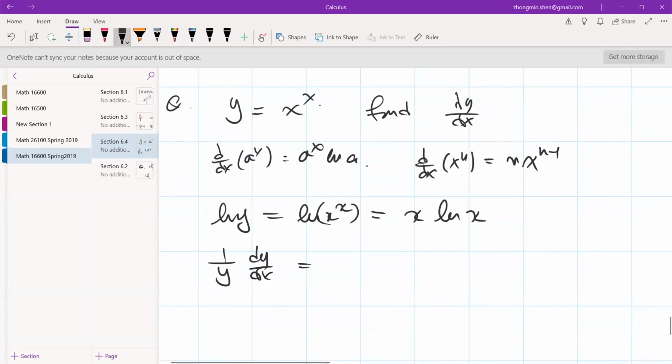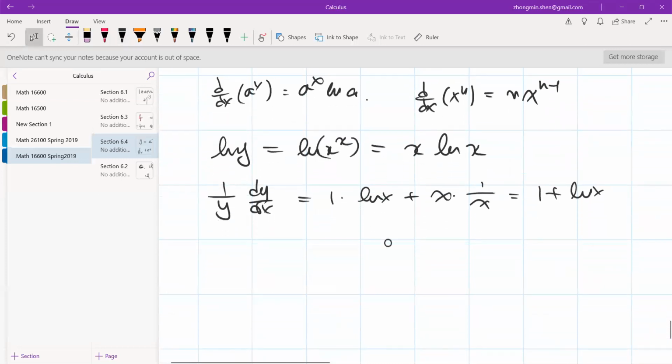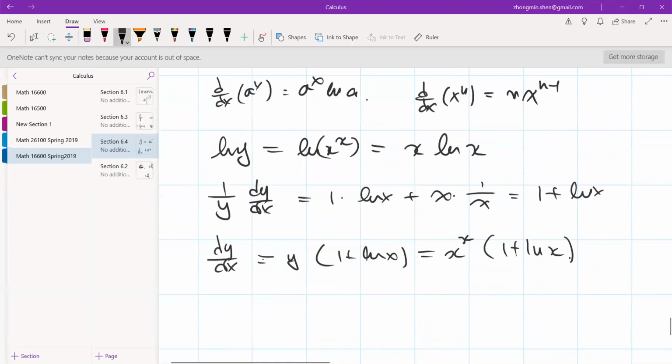The other side, I get 1 times natural log x plus x times 1 over x, which is natural log x plus 1. So I prefer 1 first, 1 plus natural log x. All right. So dy over dx is going to be y times 1 plus natural log x. And what is y? We already know that, x to the x. Right? So that's the answer.